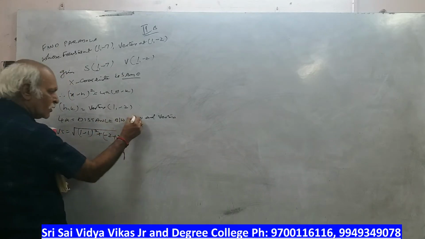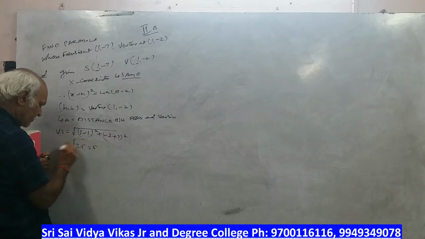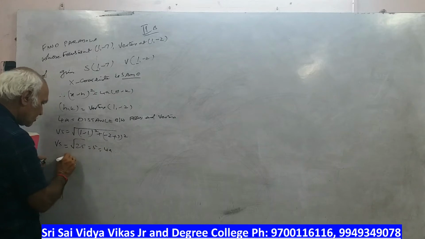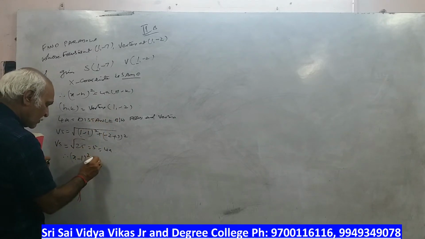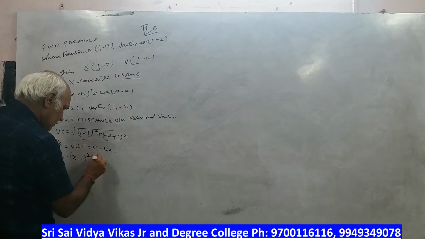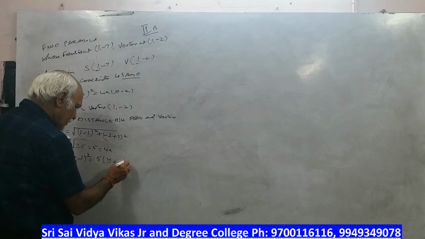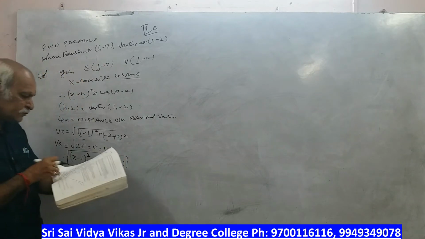This will be 0 plus 25, under root, which is 5. So the 4a value is 5. Therefore (x minus 1) whole squared is equal to 5 into (y minus k), that is (y plus 2). Right? Next.